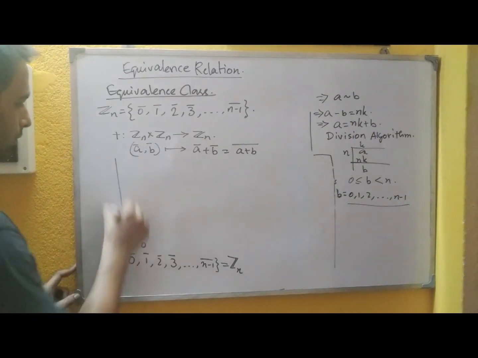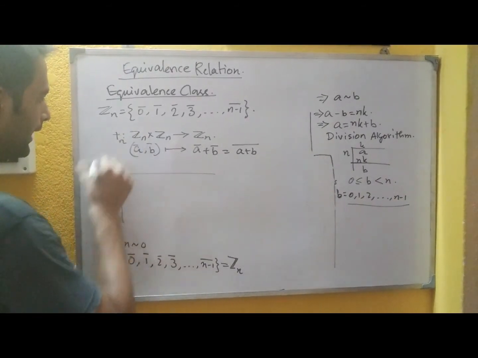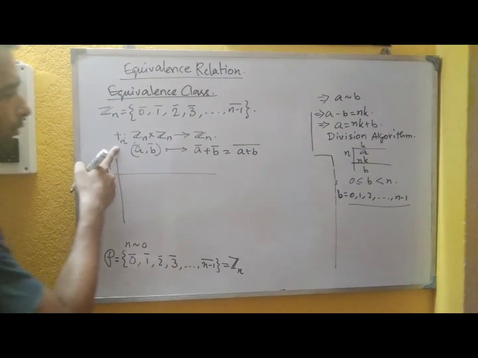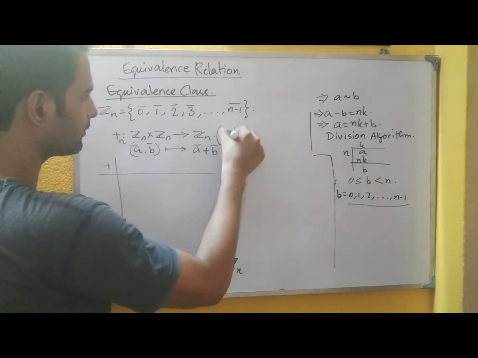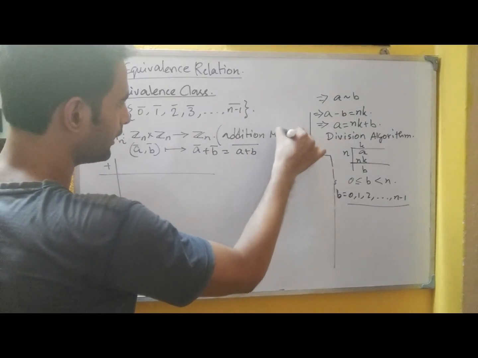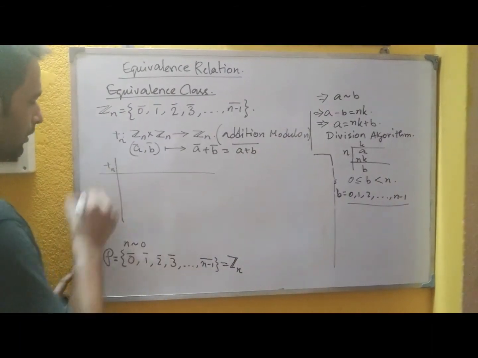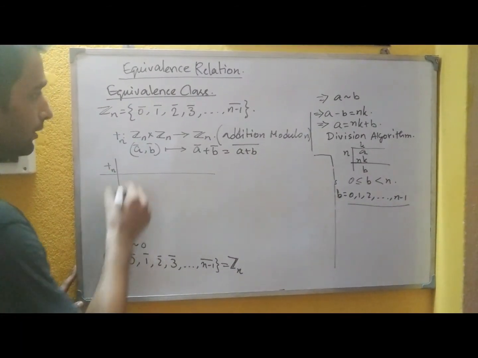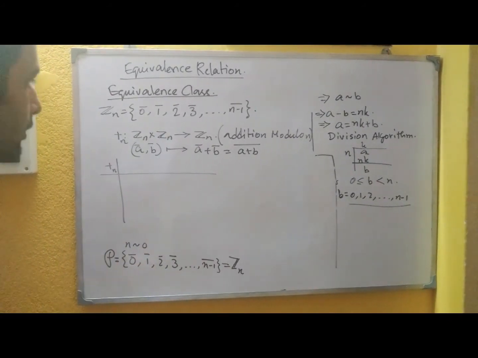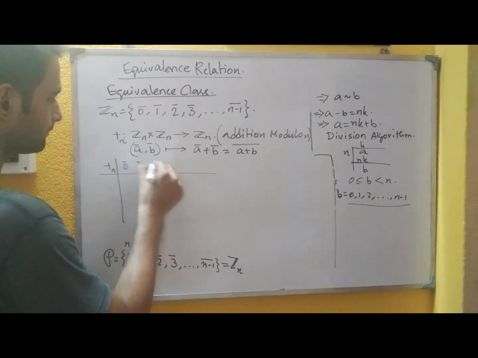Sometimes the addition is denoted by this class suffix n. This stands for the addition modulo operation. Addition modulo n. And if you construct the operation table for this operation, you will see that it will look like this.